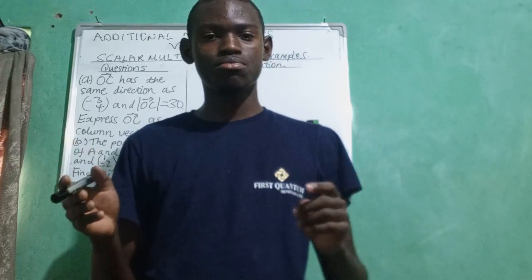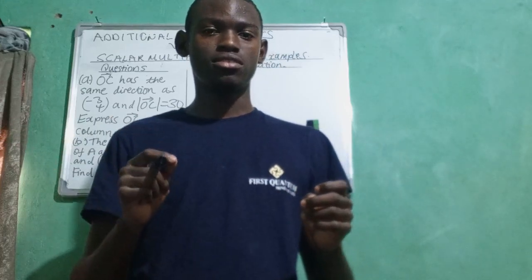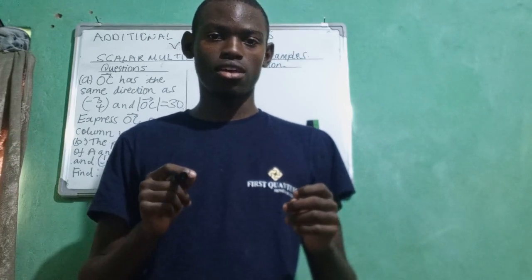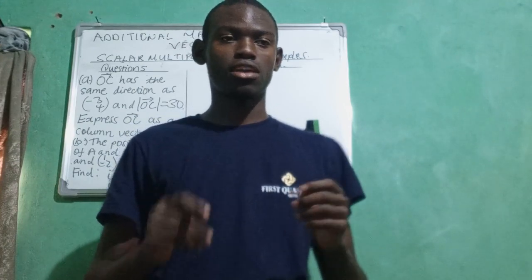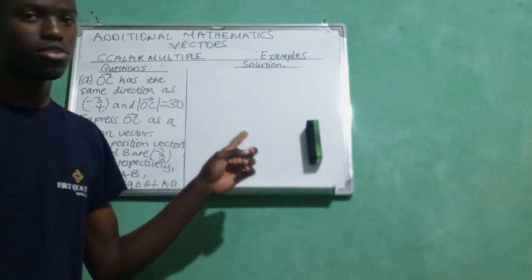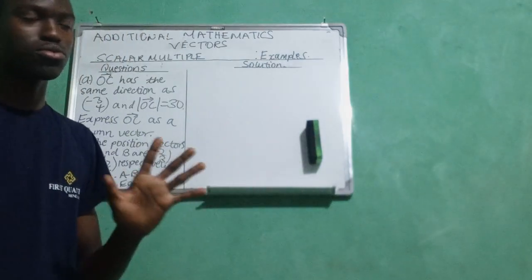This is another video for additional mathematics, vectors. Now we are going to look at the scalar multiple of a vector. There's an interesting question that we need to solve.